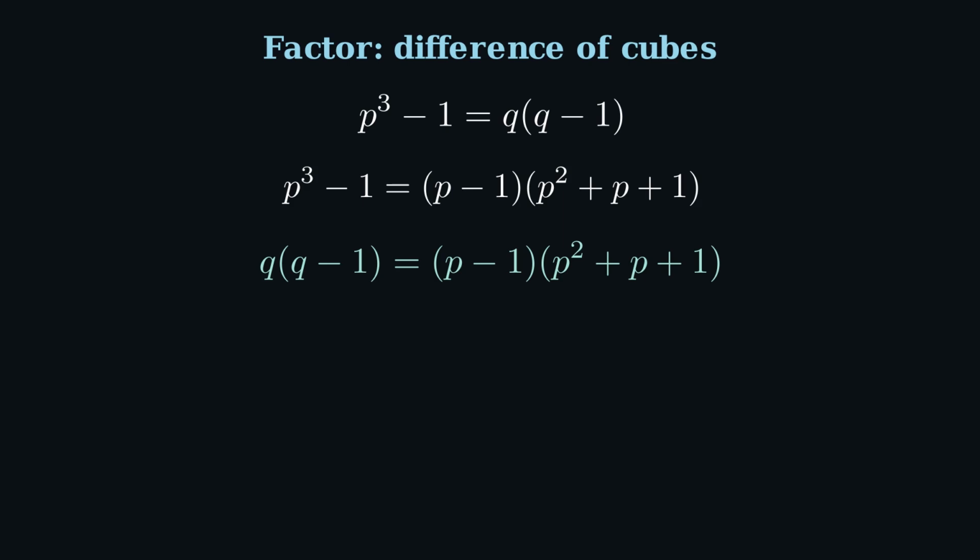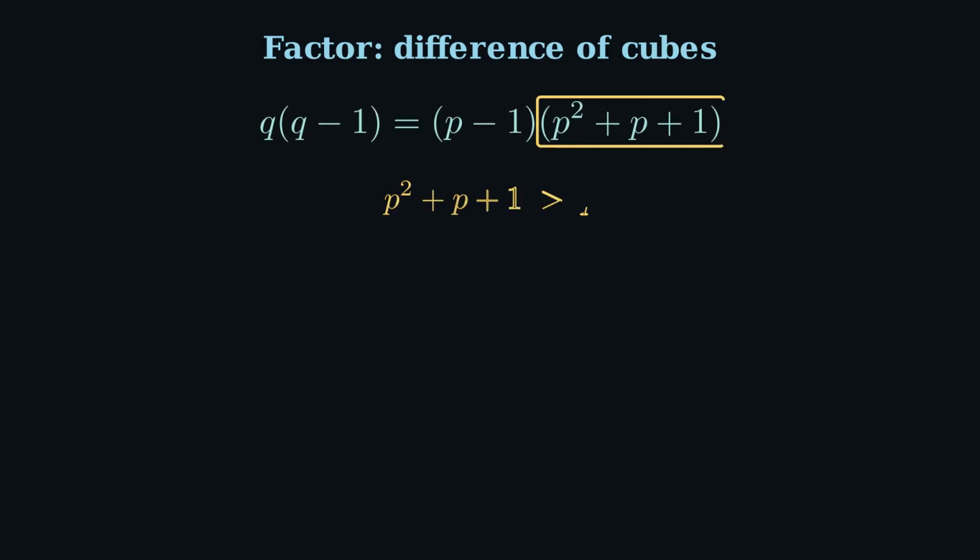And note real quick that p squared plus p plus 1 is obviously greater than p, which means that q times q minus 1 is greater than p times p minus 1 because of that.